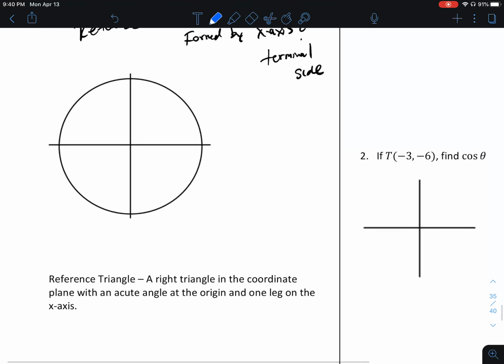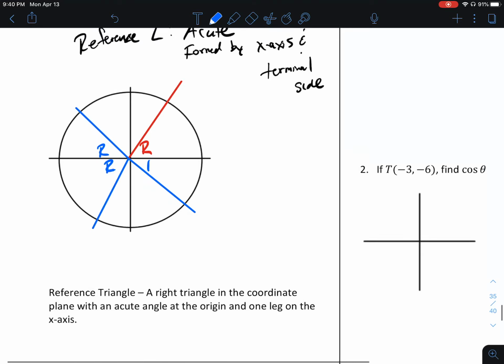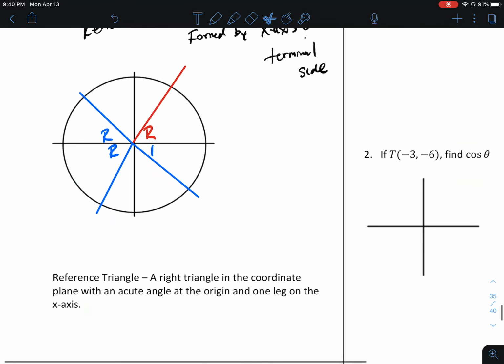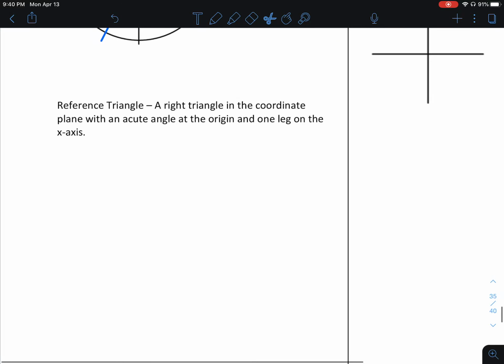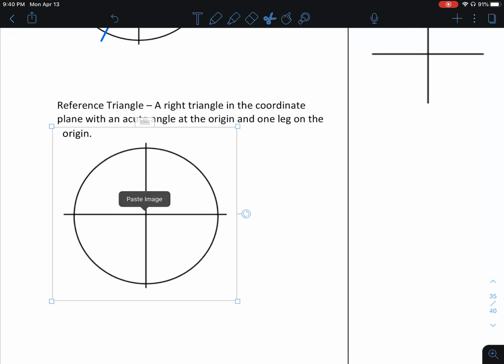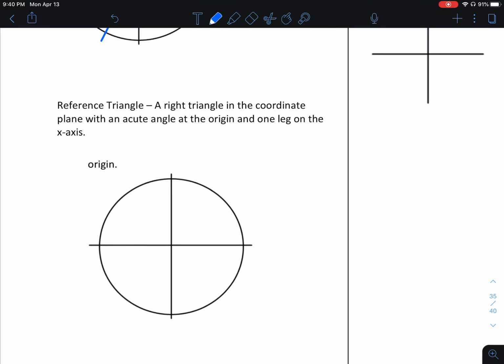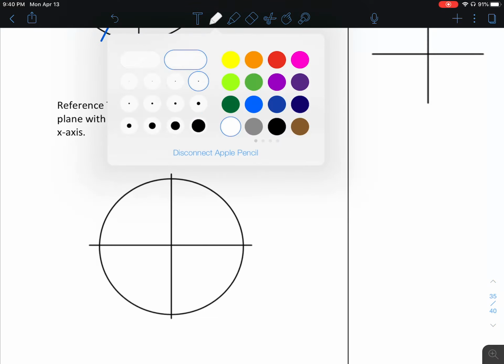I could have left that stuff there, but I am going to draw another one of these circles. A reference triangle is a right triangle in the coordinate plane with an acute angle at the origin, and one leg is on the x-axis.